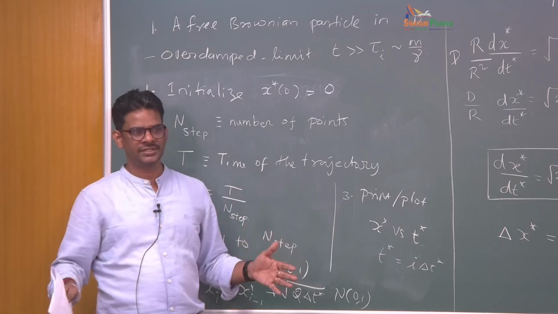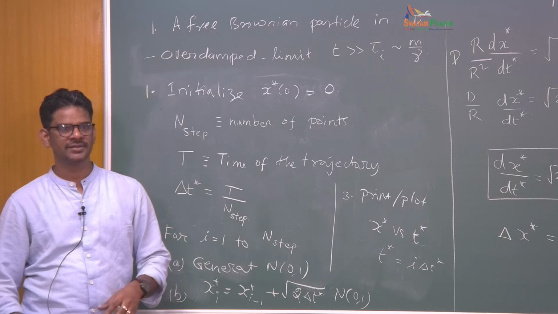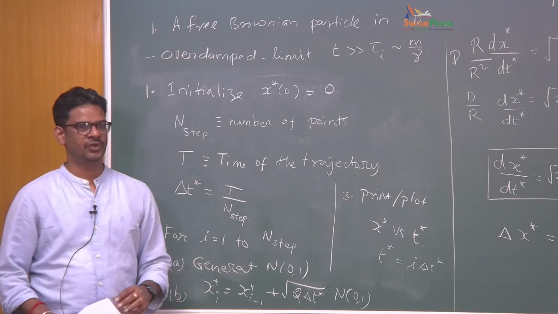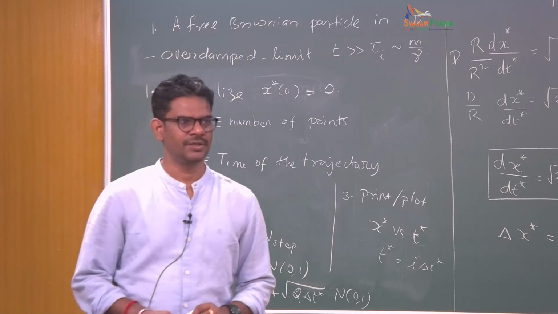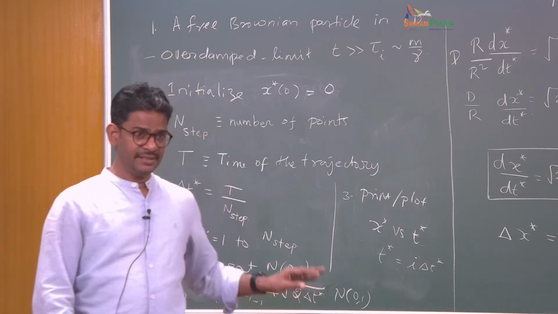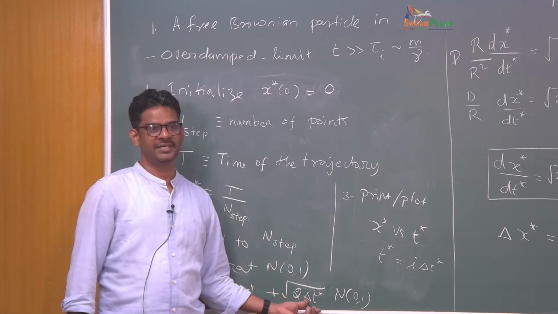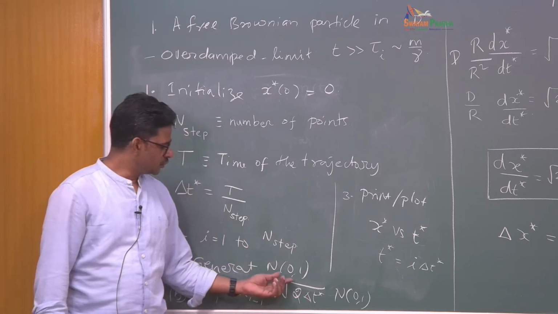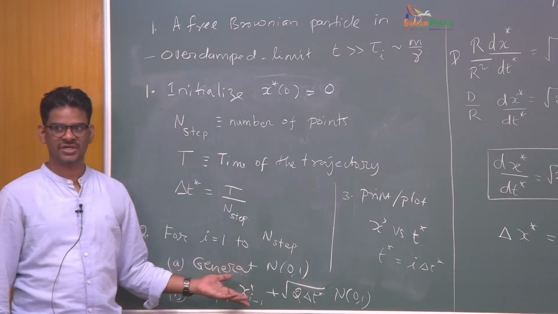If it is too large, then the propensity function may depend on the current state. And if it is too small, you may not have enough events to justify the assumption that we made. But in this particular special case, you don't have to worry about how small or how big delta t should be, because the choice of delta t does not affect the current state. The propensity function does not change.